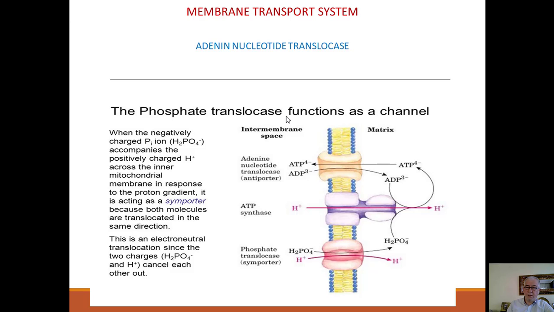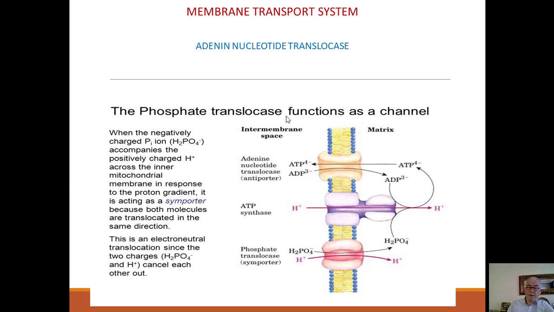For this reason we need this ATP for synthetic pathways, chemical reactions or enzymatic reactions, and this ATP must be transferred to the cytosol, and we use some membrane transport systems. The first one is adenine nucleotide translocase. This protein can transfer ATP to the cytosol and ADP into the matrix, because ADP is also a substrate for ATP synthase.